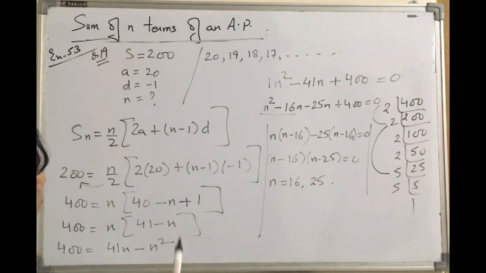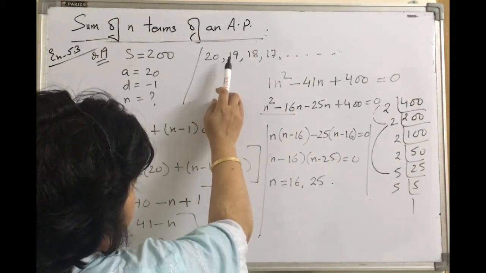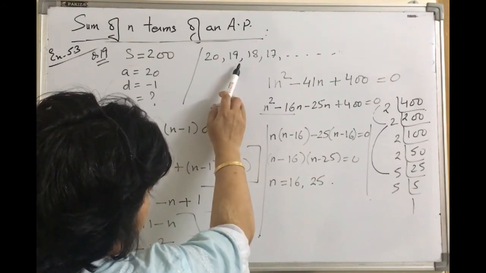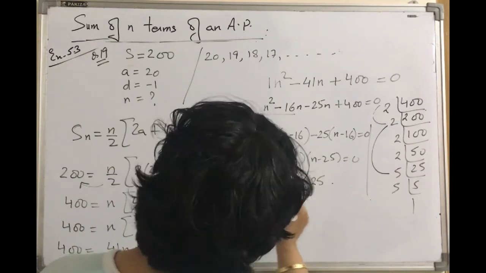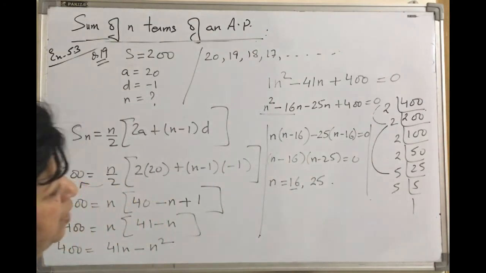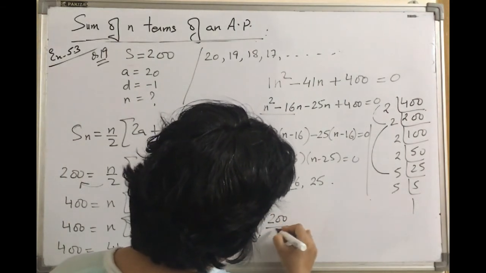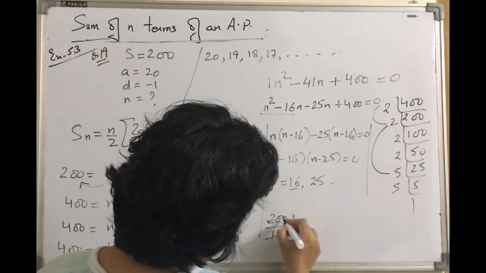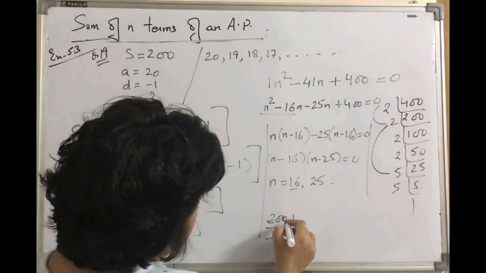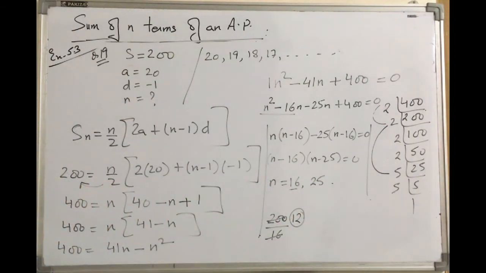In the first row we have 20, and then we have 19, then we have 18. If I divide 200 logs by 16, then 16 ones are 16, 40 is left, 2s are 32, less than 12, so 12 logs approximately in the first row.